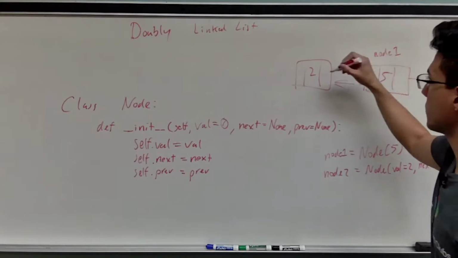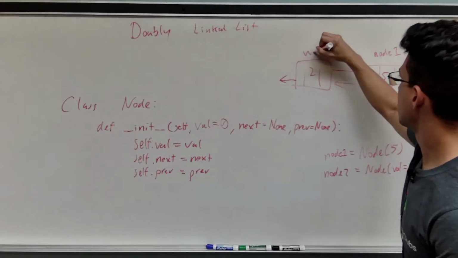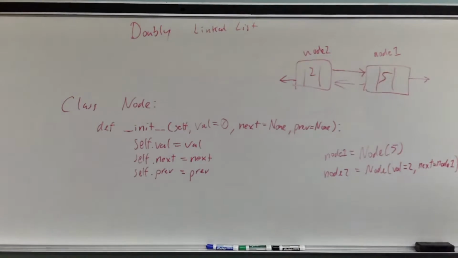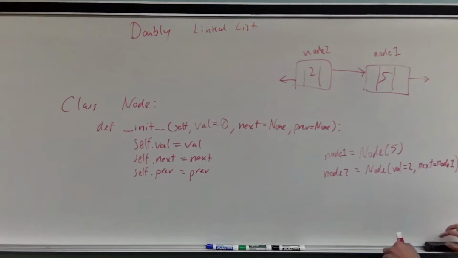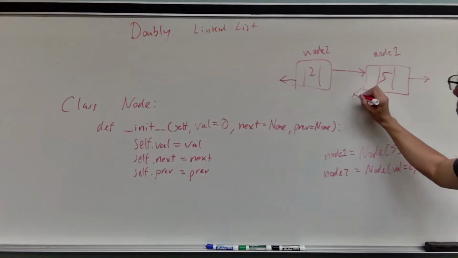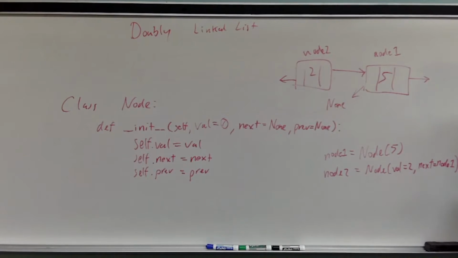It's a pointer here. And then the previous is None. Wait, the previous of 5 is 2 now? Right. So I did not say that the previous of 5 is this. That's a good point. Thanks for catching me on that.